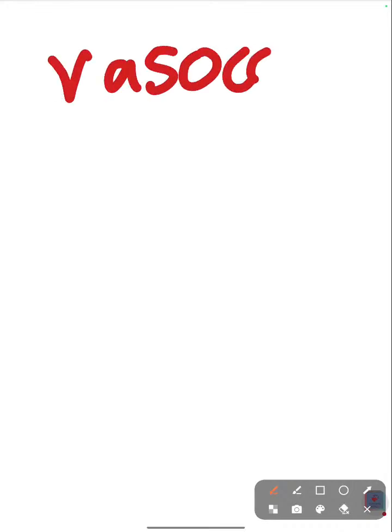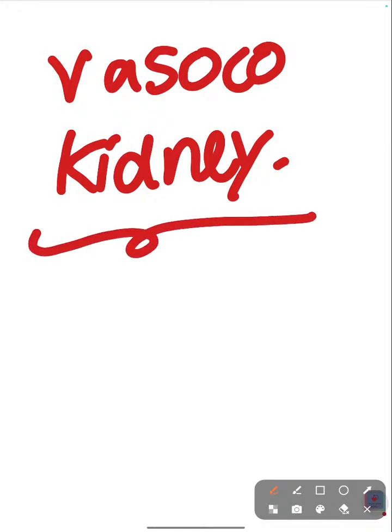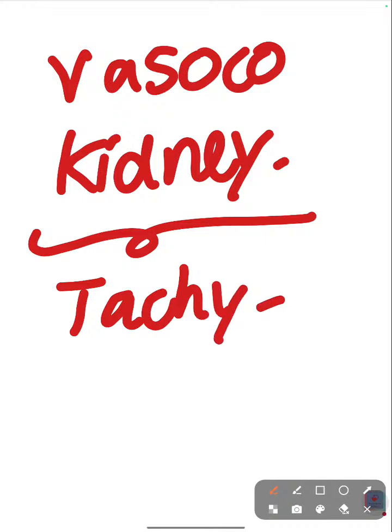In the initial compensated phase there is vasoconstriction, and the kidney conserves fluid. There is stimulation of the adrenal medulla, and because of this there is tachycardia and cool, clammy skin.